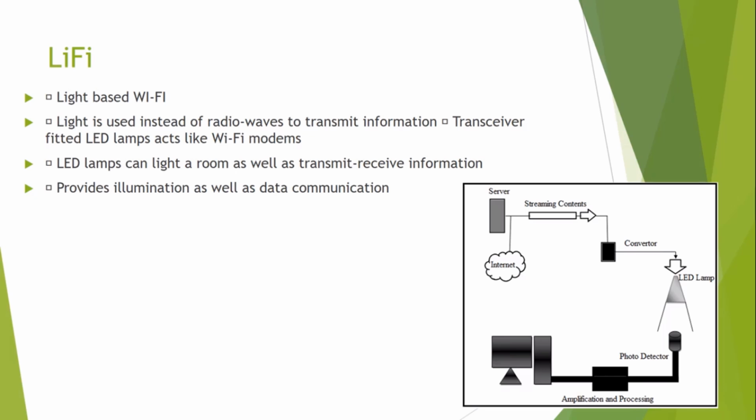You can get the light rays, and a white space and black space can be identified using the photo detector. The LED lamp can light a room as well, transmit and receive information, provide illumination and enable data communication. That way you can use Li-Fi to transmit data using light instead of radio waves.